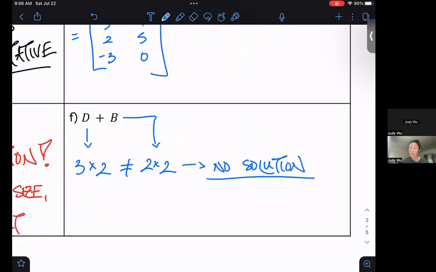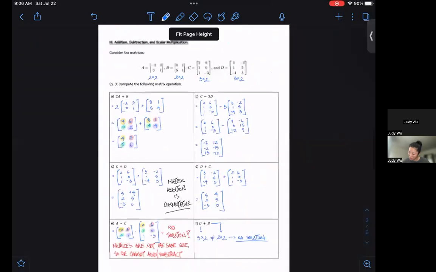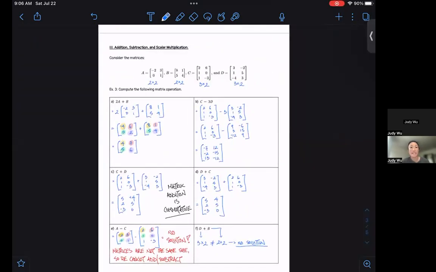And I want to clarify here, this is no solution for adding and subtracting, okay? So let's get that all on one page here. All right, so adding and subtracting and scalar multiplication. If we want to add or subtract, then we have to make sure that they are the same size, okay?